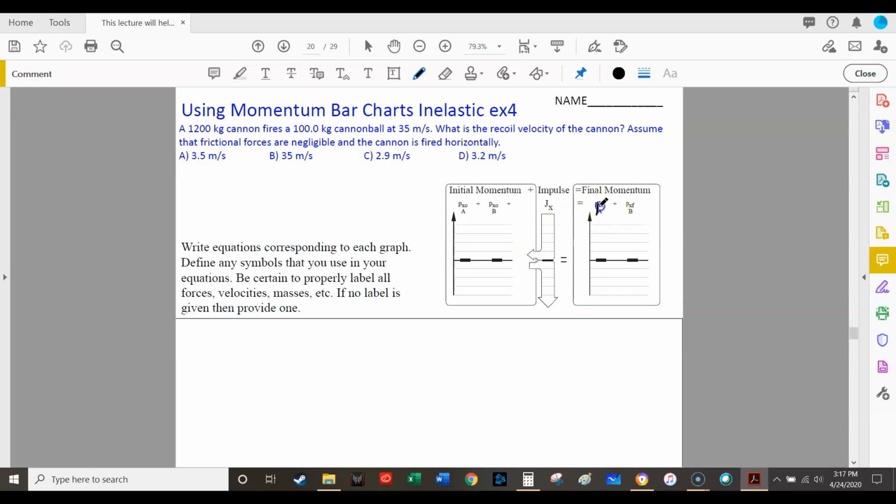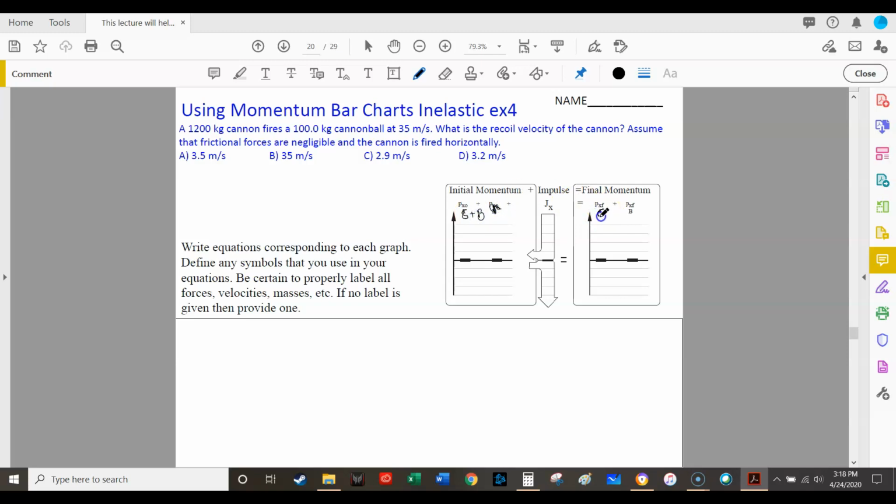Considering there are two objects, I'm going to label the cannon C and the ball B. This is the cannon plus the ball in the beginning, so this isn't here.